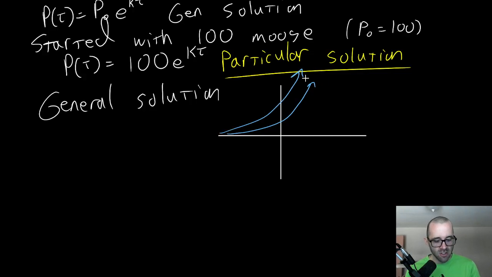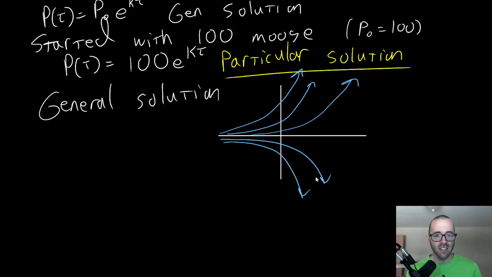There will be another solution that looks like this. There will be another solution that looks like this. If we did allow for negative values, we could have solutions that look like this or like this. There's so many solutions. So get used to seeing some graphs like this. When we're dealing with general solutions, there's going to be infinitely many. And here they all behave pretty similarly.